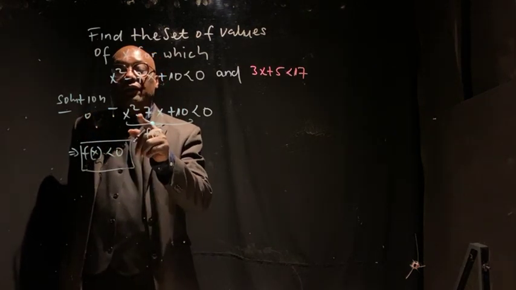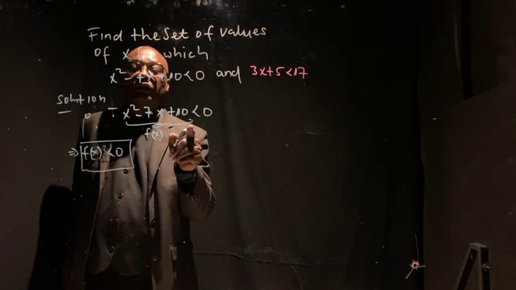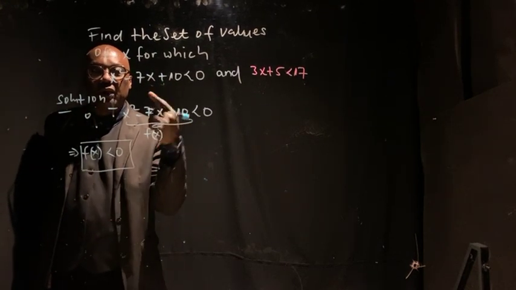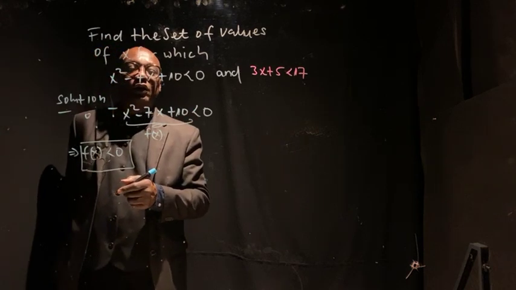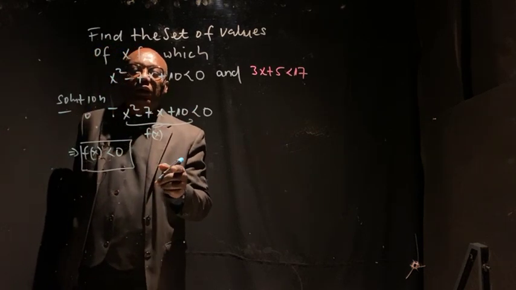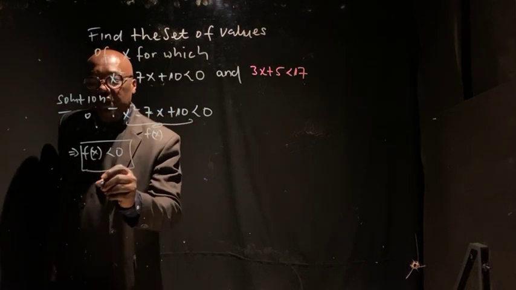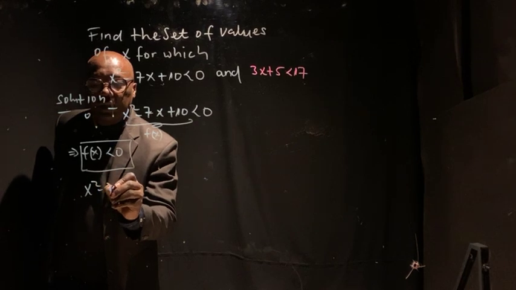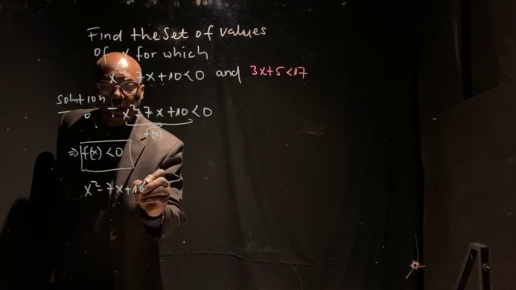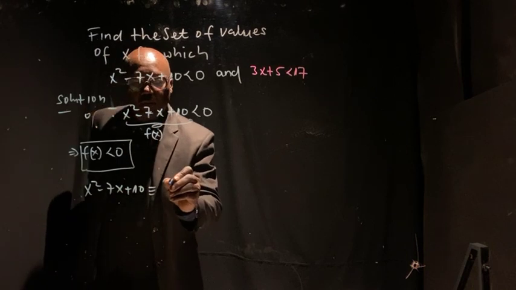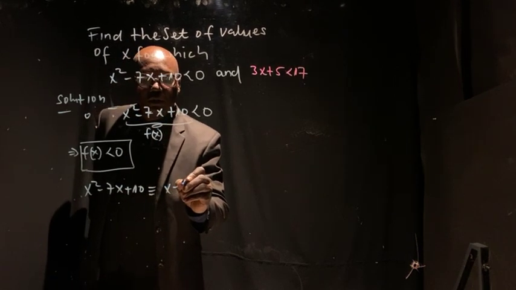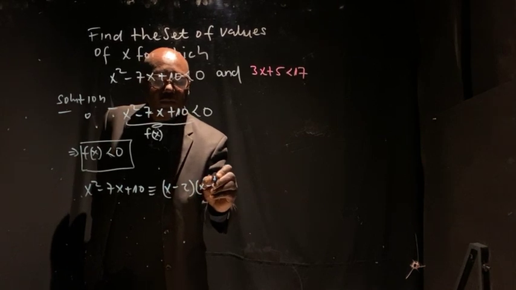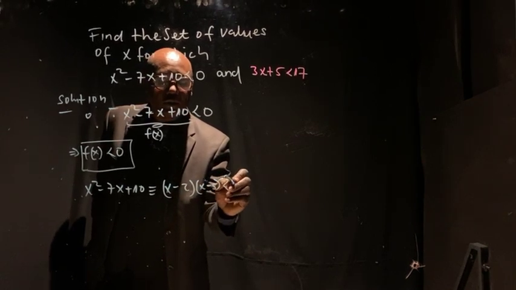If you try to factorize this quadratic equation, as we've already done factorization in the previous lessons, it is not something that we are going to repeat in a long process. So if you factorize s squared minus 7s plus 10, you have (s minus 2)(s minus 5) less than 0.